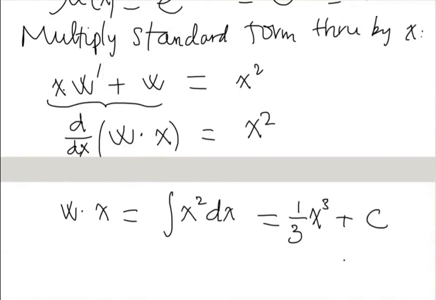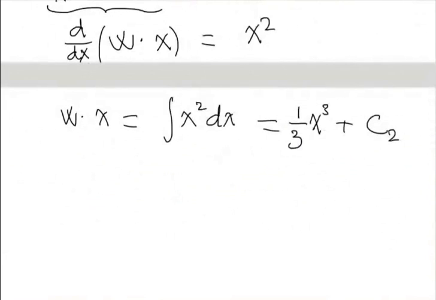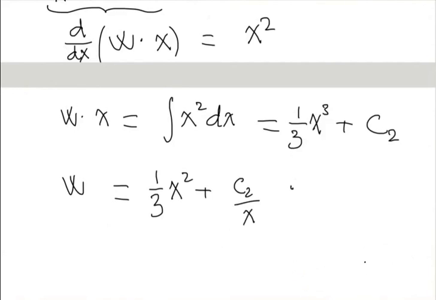For the purpose of naming the constant later on, I would label this constant as C2, and you will see why. And now we solve for w by dividing through by x, and we have 1/3 of x squared plus C2 over x. So we solve for w.